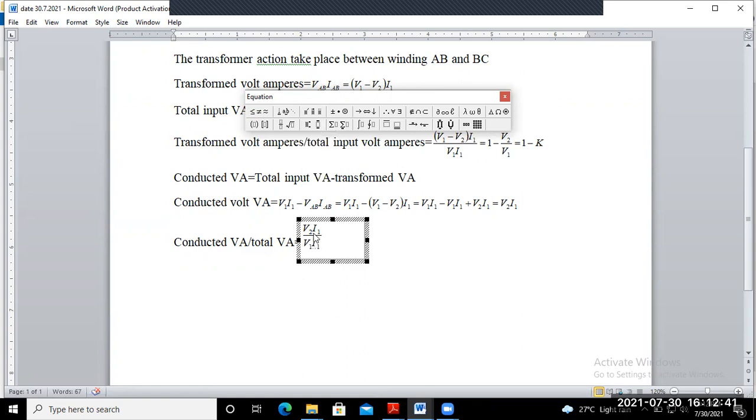This I1 is cancelled also. V2 by V1 is equal to how much? K.